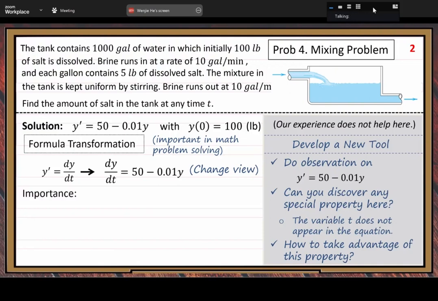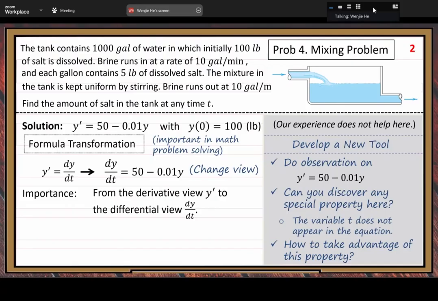From the derivative view, y prime, we only use the derivative concept. Then we change the view to dy over dt.